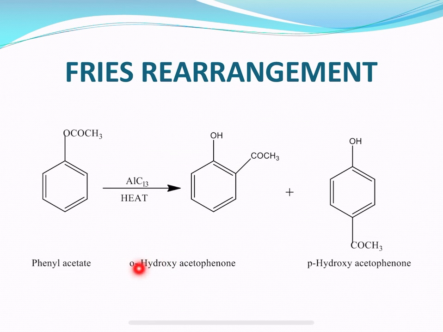The product obtained is ortho hydroxy acetophenone, since the acyl group has been located in the ortho position and a hydroxyl group is present, and because this is formed on a benzene ring or a phenyl group, it is acetophenone. In the same way, here the acyl group has migrated to the para position, so that is why it is para hydroxy acetophenone. This reaction is called the Fries rearrangement.